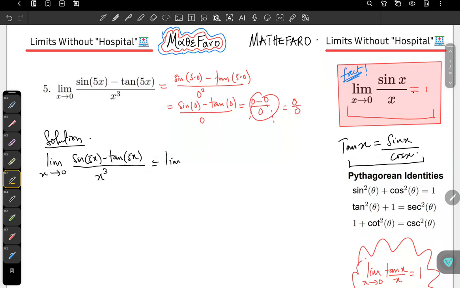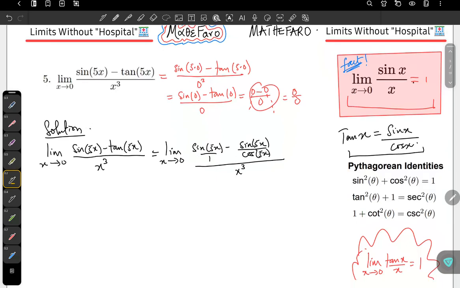You'll see why this is useful in a moment. So this is sine 5x minus sine 5x over cos 5x, all over x cubed.